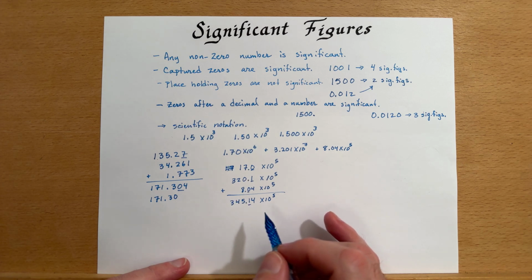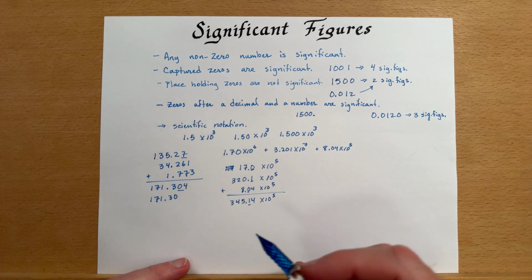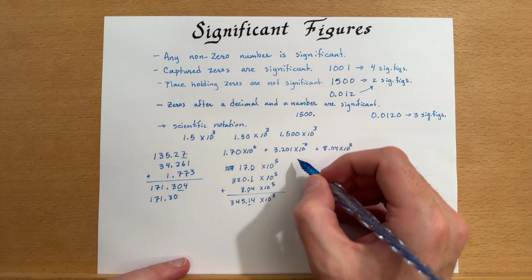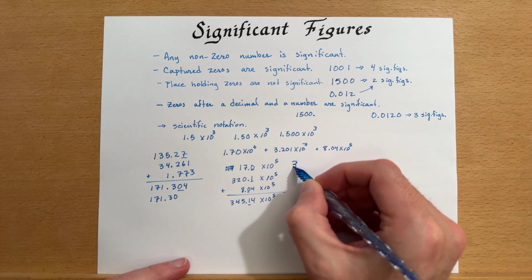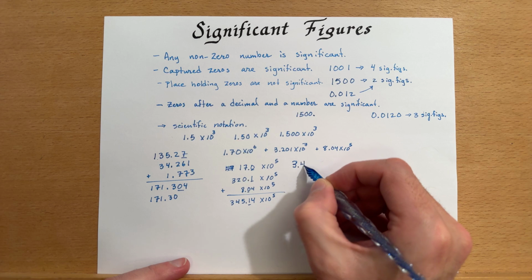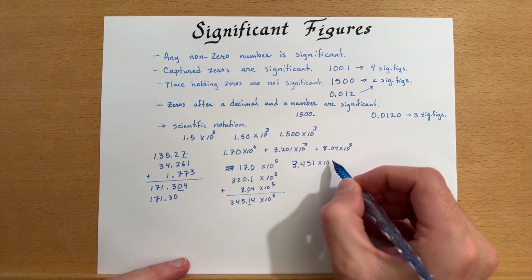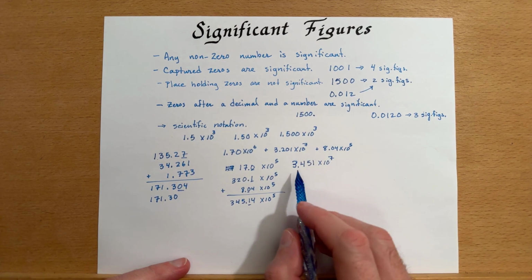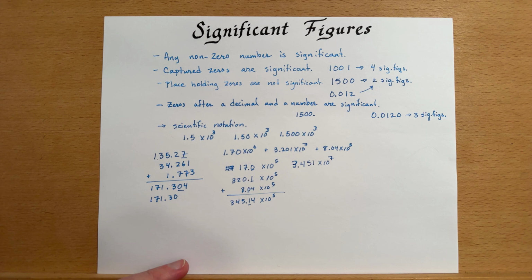And then while I'm doing that, I can also rewrite this number using appropriate scientific notation. So I'm back at 3.451 times 10 to the 7th. So that might be a trick that you might not have seen before.